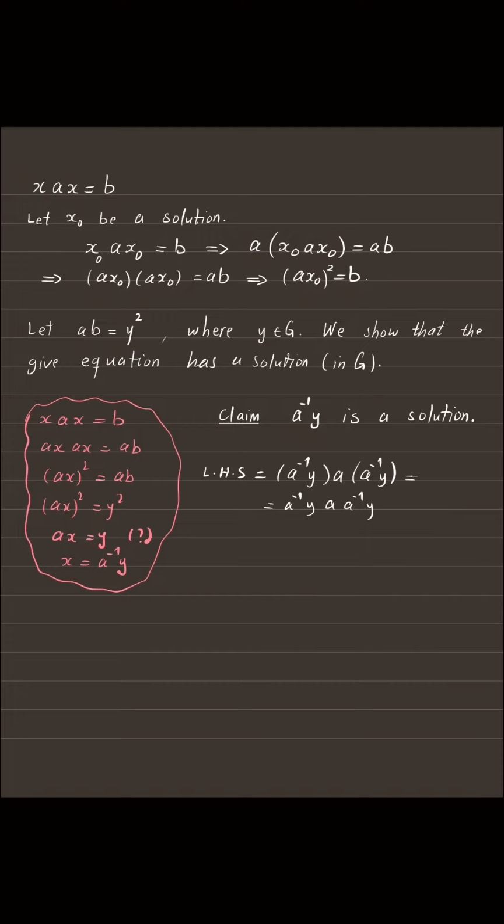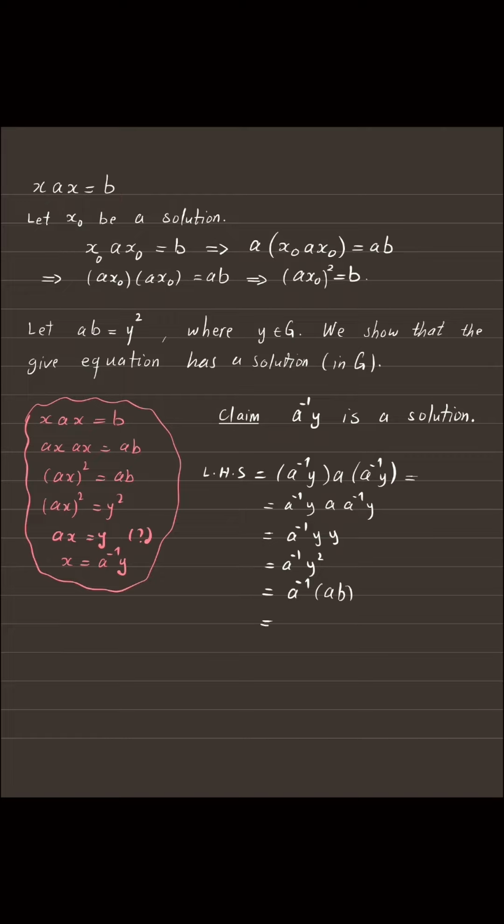And of course, because of associativity, I can take these together. This becomes the identity group element. So then it becomes a inverse y y, which is a inverse y squared. But what is y squared? y squared is nothing except ab. So it becomes a inverse ab.